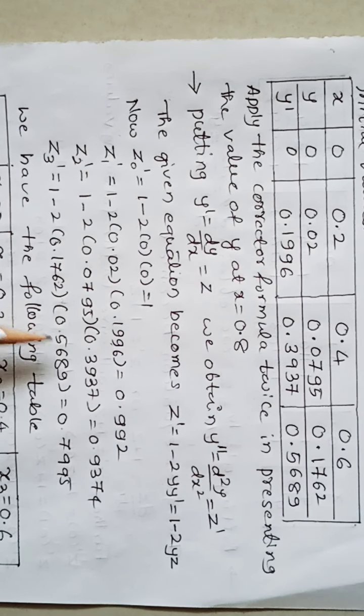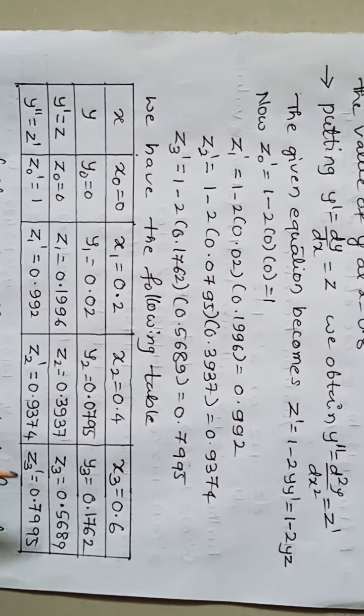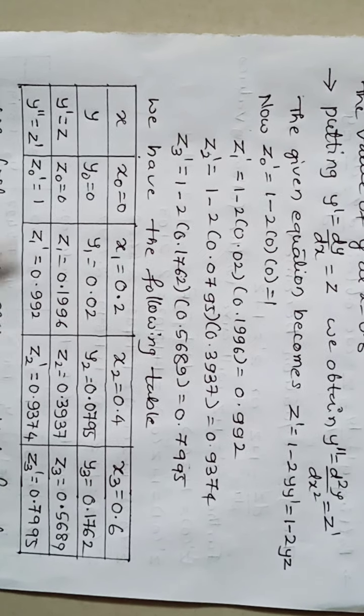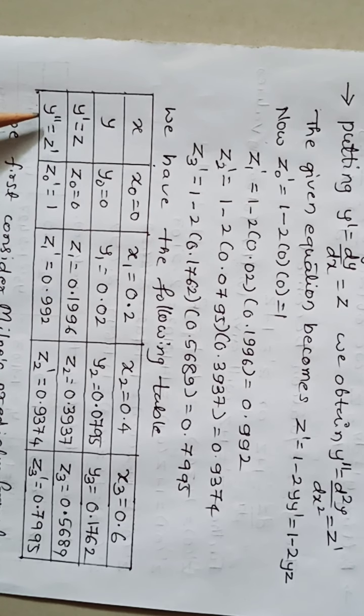The calculated values we inserted here: 1, 0.992, 0.9374 and for z3 dash it is 0.799. Only y double dash remains, and y double dash is nothing but z dash.